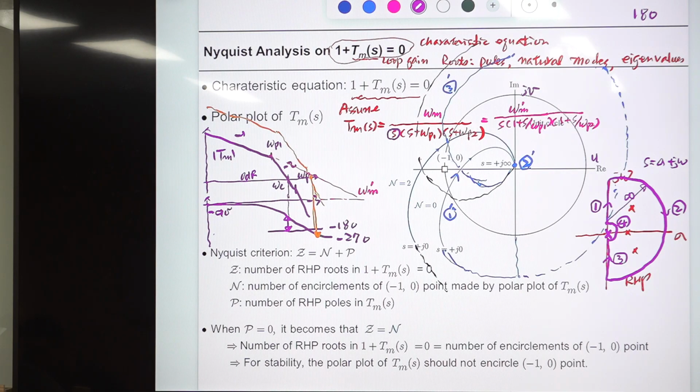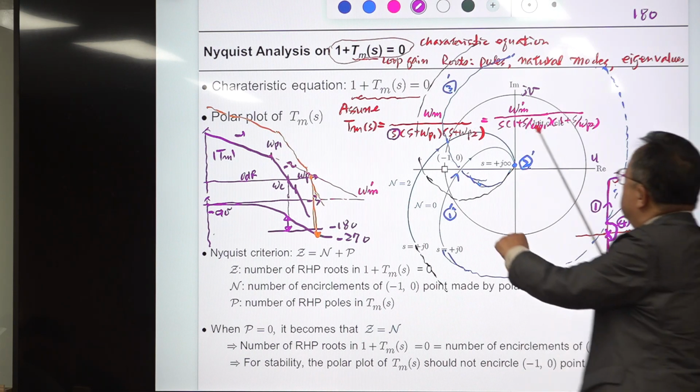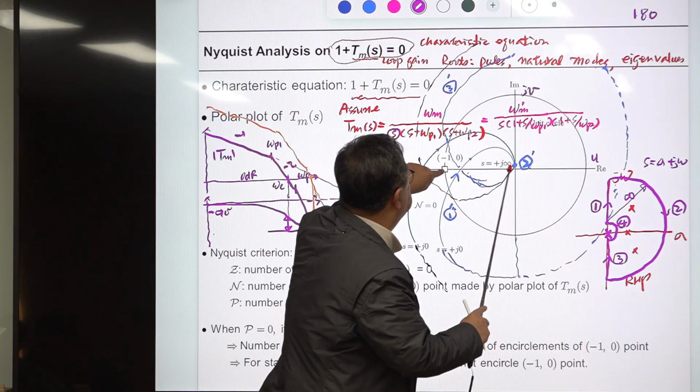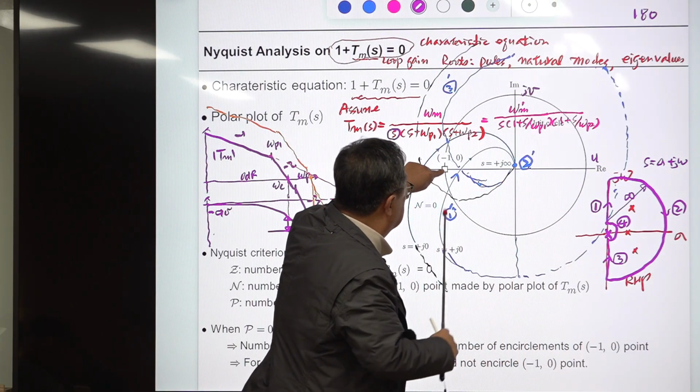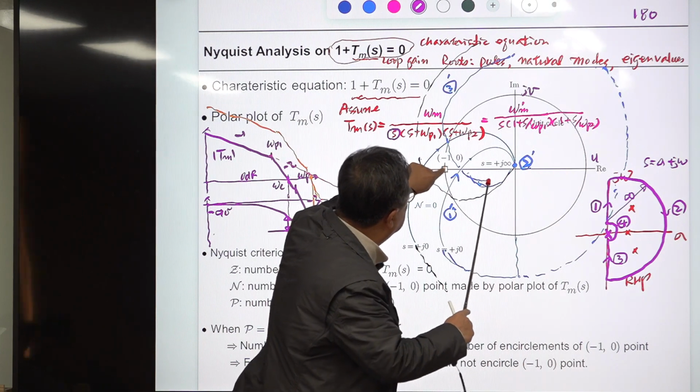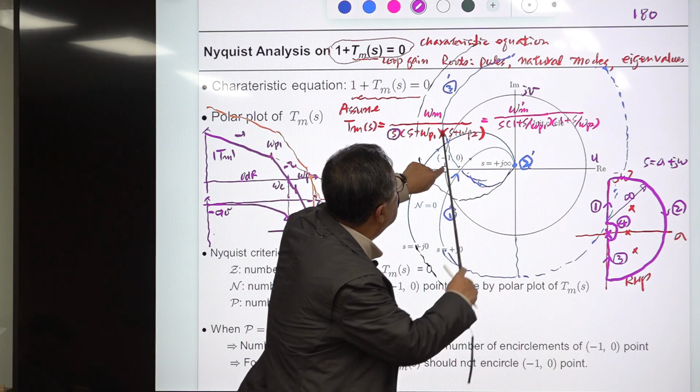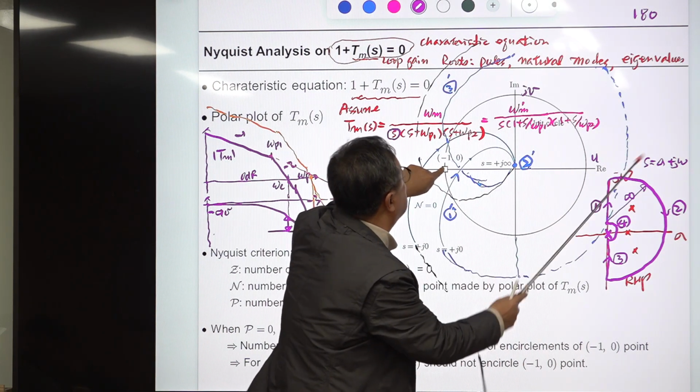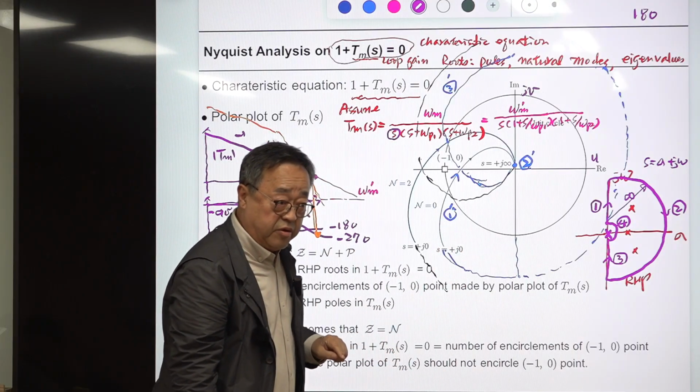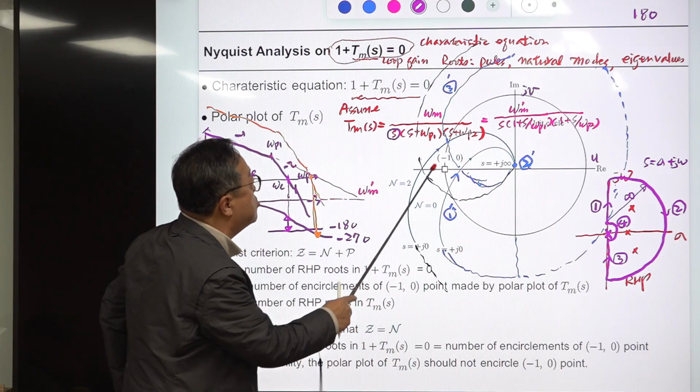It is a complicated story, but the result is this one. This trajectory does not encircle the point -1, 0, so there is no RHP root in this characteristic equation.